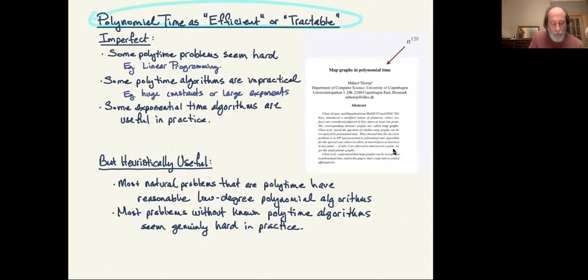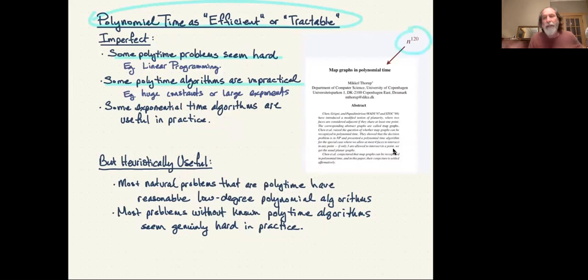And why is it imperfect? Well, because there are polytime problems that seem hard. And there are polytime algorithms that are impractical. So for example, here's one.